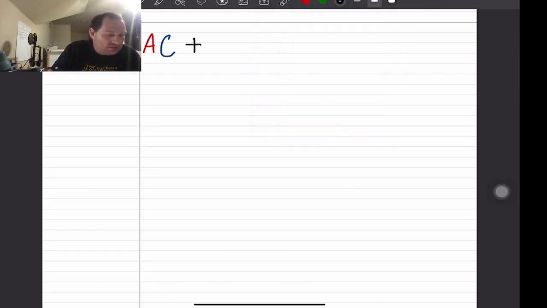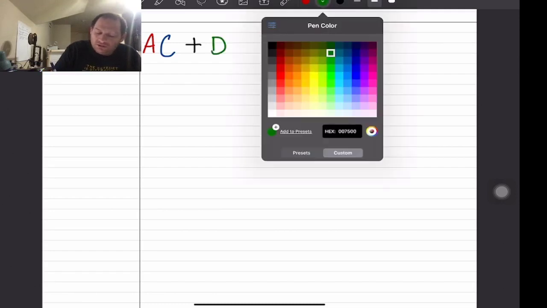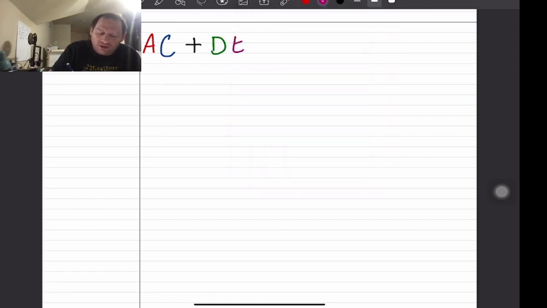Plus, I don't know, D, and the purple, E. They're going to react, and this time, this one and this one, they're going to switch partners. So A is going to be with E now, and C will be with D. They're just going to switch.